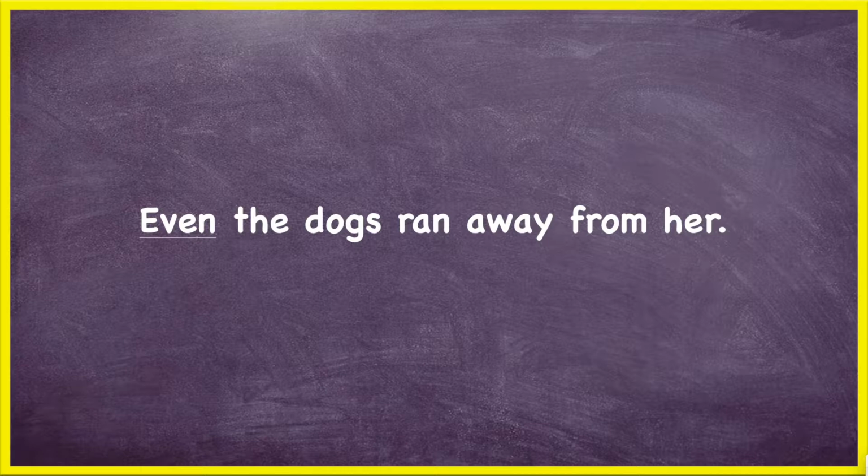And then you might say, no, even the dogs, right? You might think that I'm not talking about the dogs, but I'm even talking about the dogs. So you need to add what you think is an exception. It's unusual, but it happened. Even the dogs ran away from her.